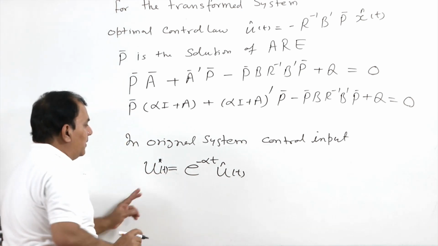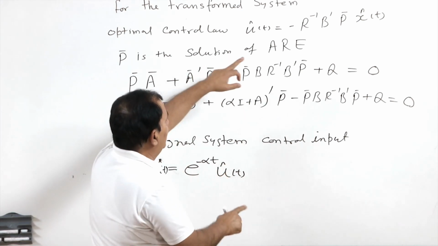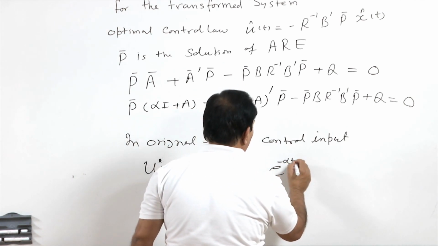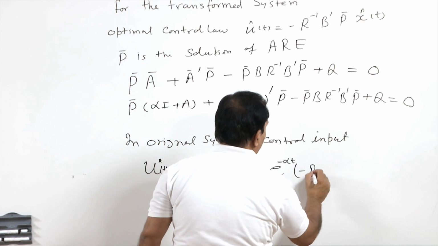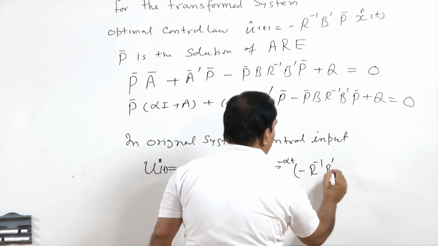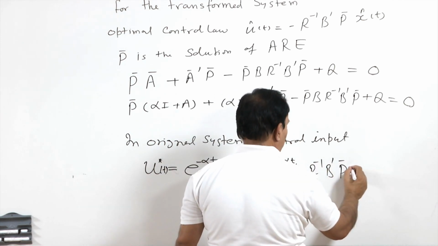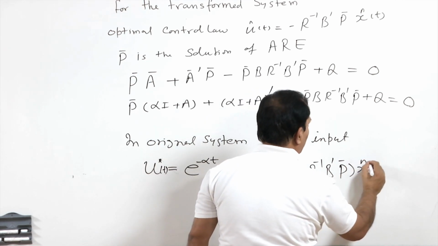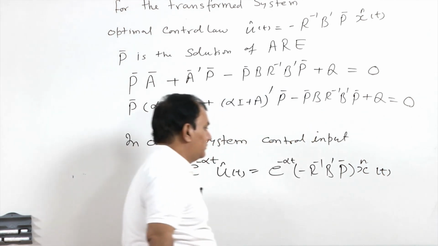So, this is my optimal control, and u hat of t is minus R inverse B prime P bar x hat of t.